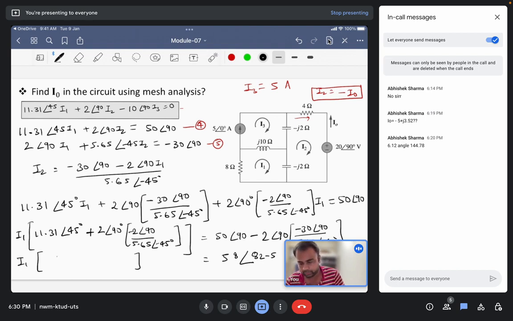So this comes out 12.01 angle 45. So now we can easily find I1.